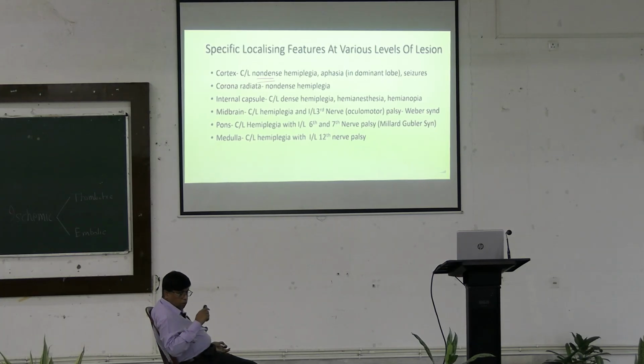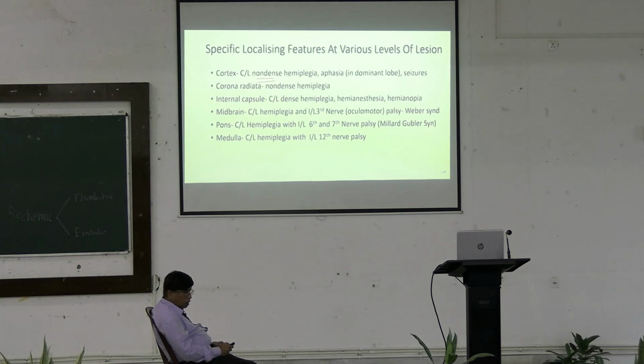If the lesion is in the cortex or in the corona radiata, then very few fibers will be involved, because the fibers are diffuse. That's why it is called non-dense hemiplegia. It may be associated with cortical aphasia.